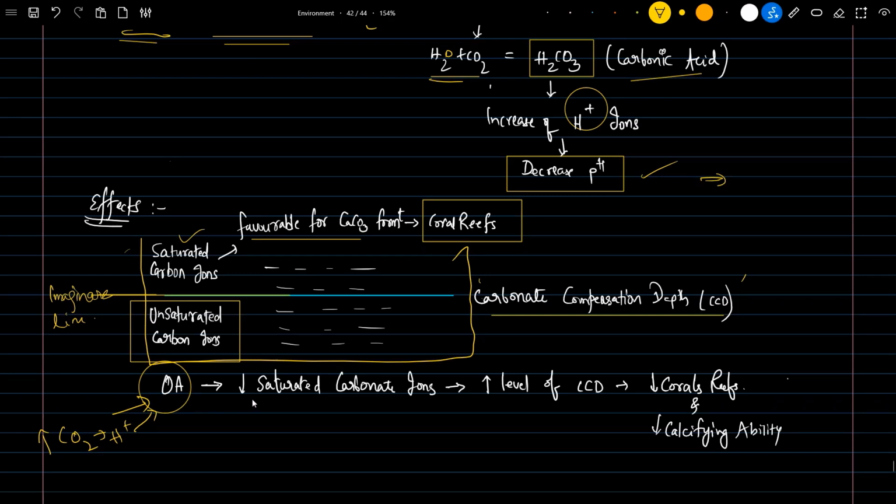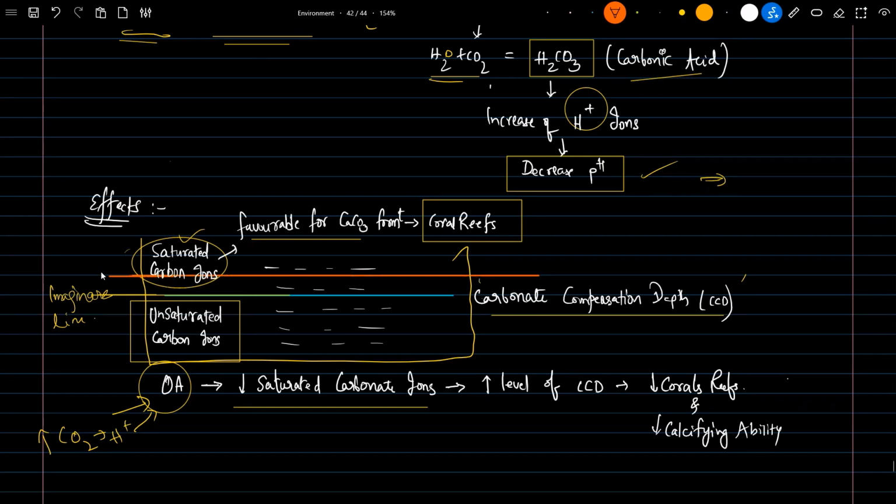So okay, ocean acidification happens, and with ocean acidification happening, there will be a decrease of saturated carbonate ions. What does it mean, the decrease of saturated carbonate ions? It means the imaginary line is rising above.